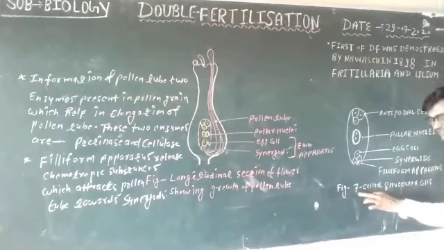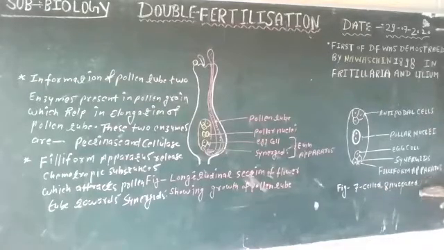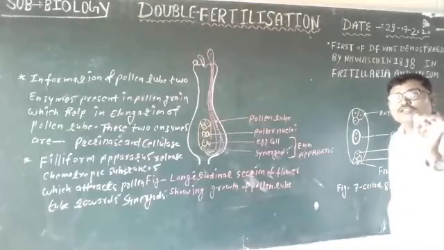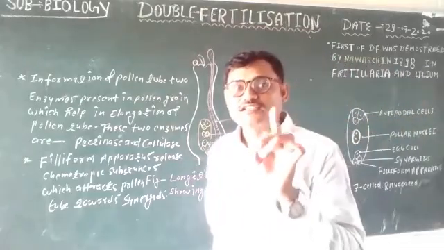I have written here downside: 7-celled, 8-nucleated. How do you count the 7 cells? This is the unique characteristic feature of angiospermic plants.